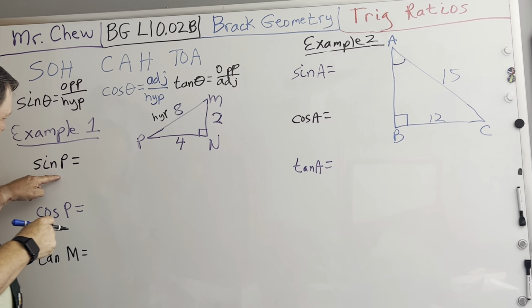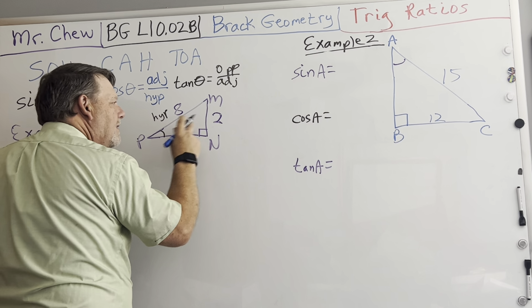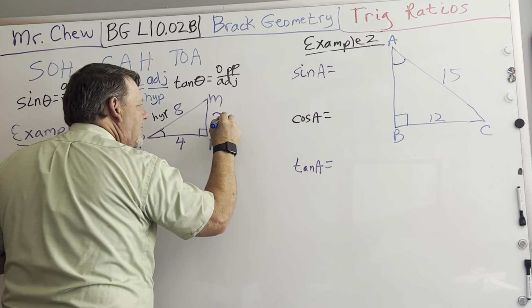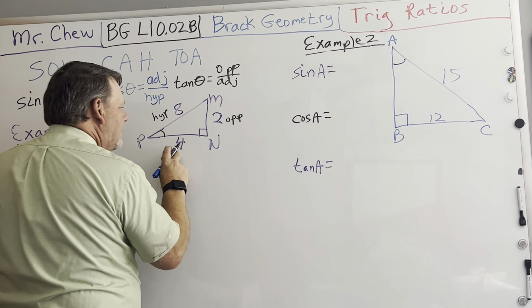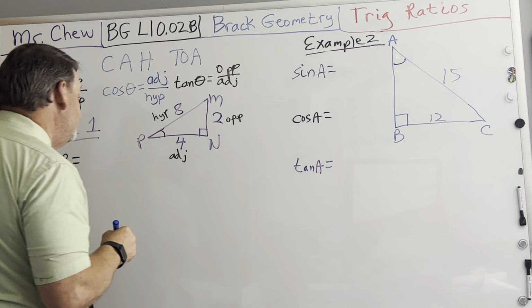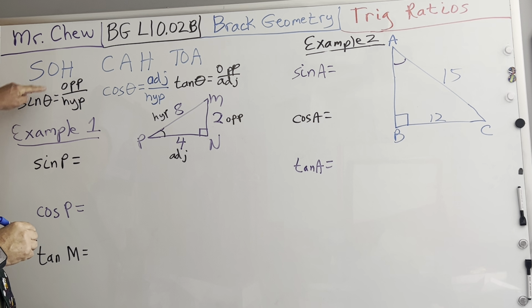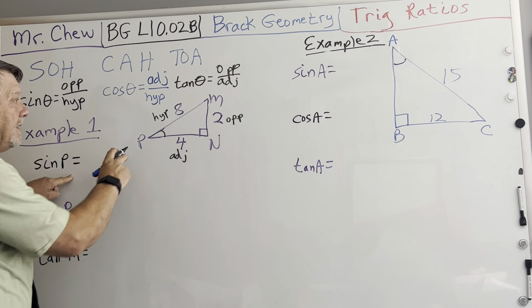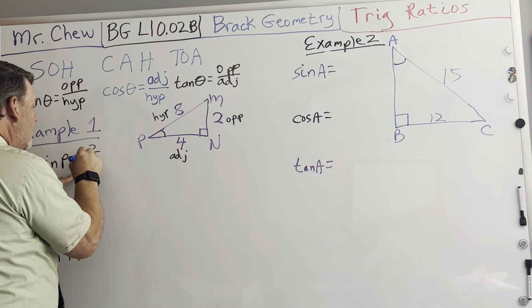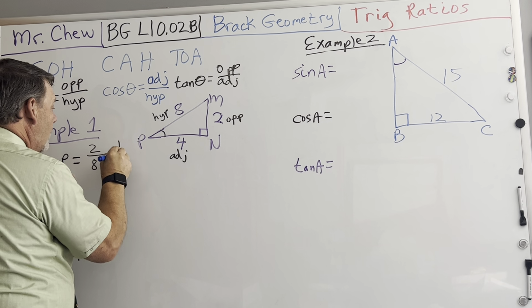If I'm talking about angle P first, this would be opposite it, and this would be adjacent. This is what most students struggle with. So to find the sine of P, I look up here, and the sine is opposite over hypotenuse for SOH. So the opposite is 2 over the hypotenuse is 8, which equals 1/4.